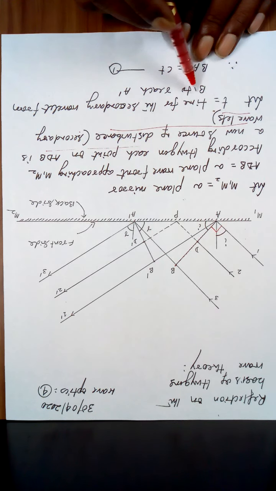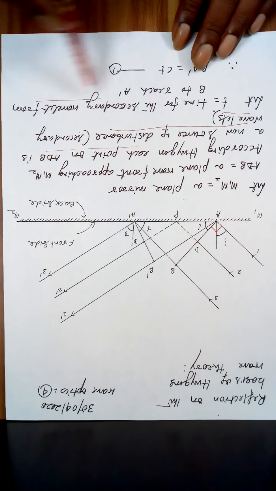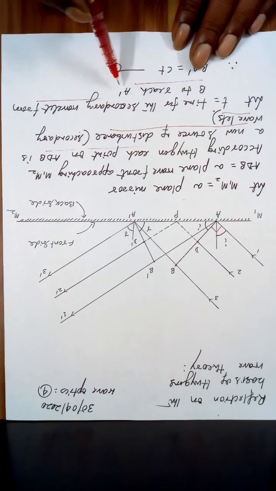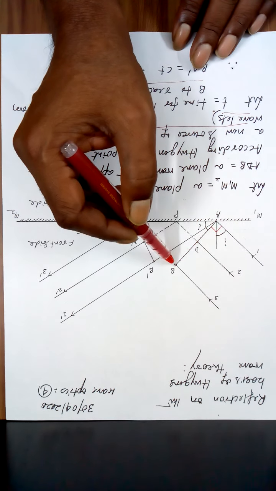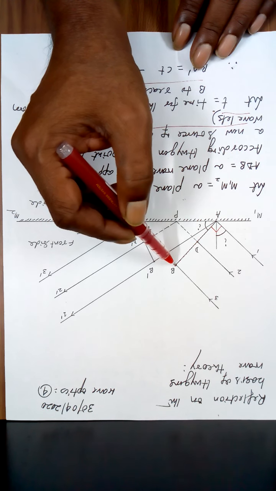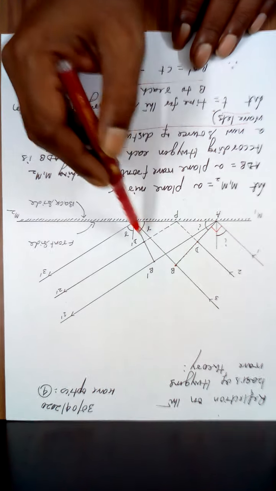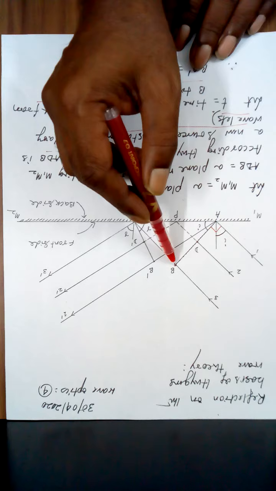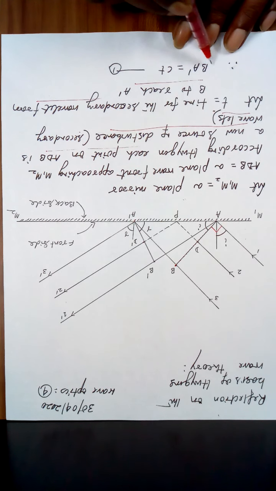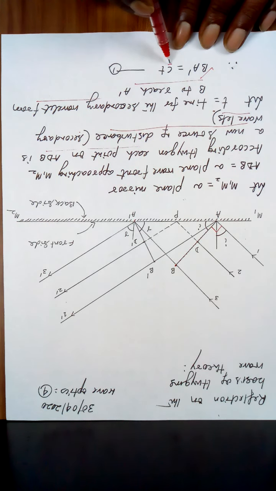Let t be the time for the secondary wavelet from B to reach A dash. According to Huygens principle, let it take time t to reach from B to A dash. So this distance BA dash will be velocity of light, that is c, into time.